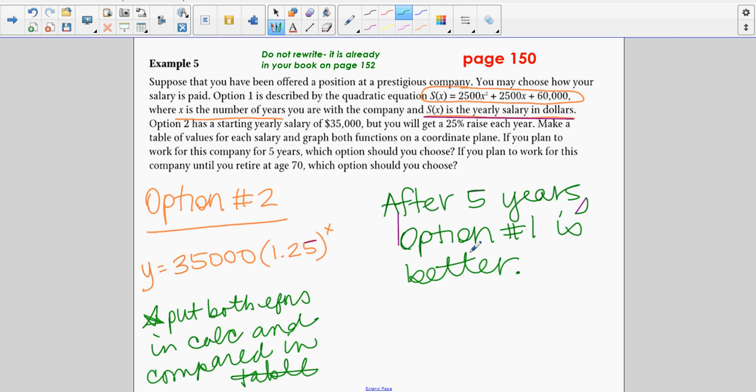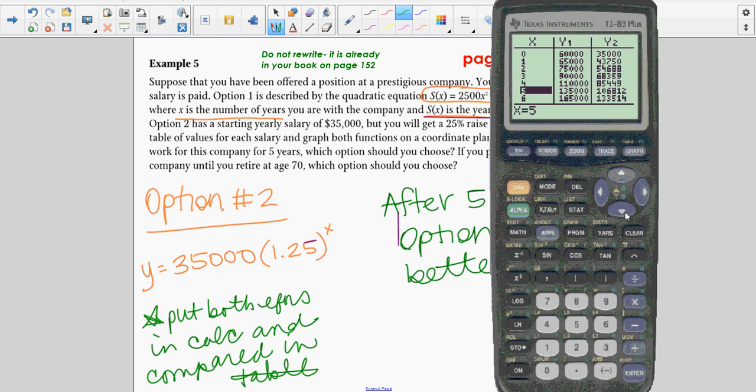Now, the next question says, if you plan to work for this company until you retire at age 70, what option should you choose? Well, it doesn't say how old you are, so you just have to do a little bit of inferencing. So I'm going to look at the table, and if you notice, right around 11 years, all of a sudden Y2 surpasses Y1.